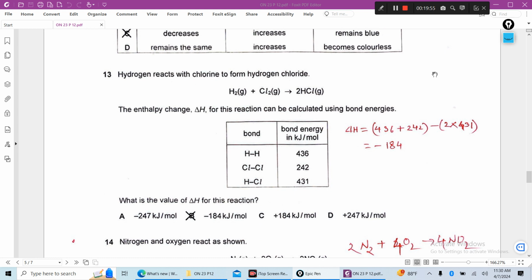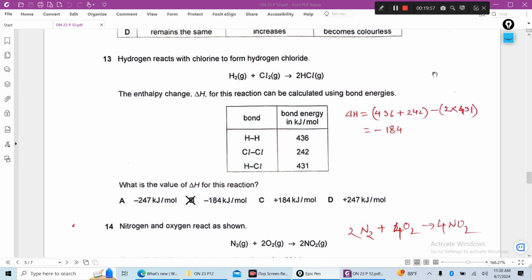Number 13. Hydrogen reacts with chlorine to form hydrogen chloride, and the enthalpy change, delta H, for this reaction can be calculated using bond enthalpies, bond energies.